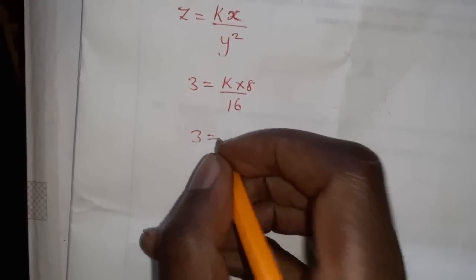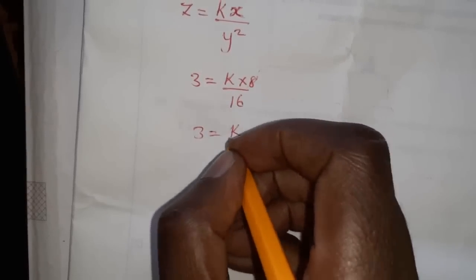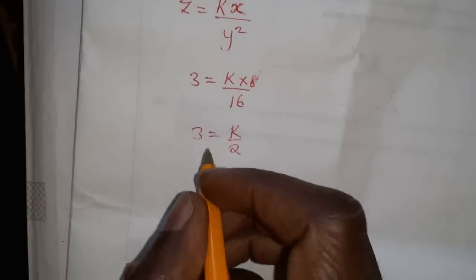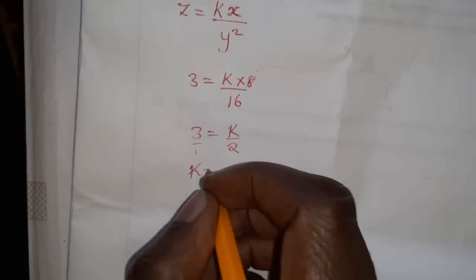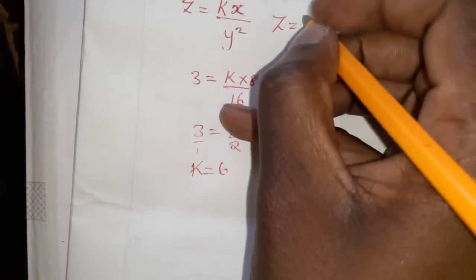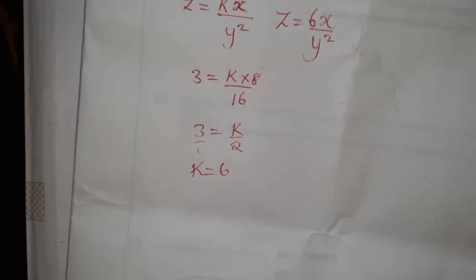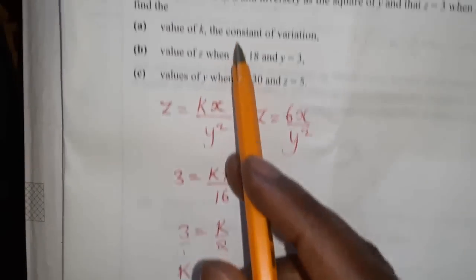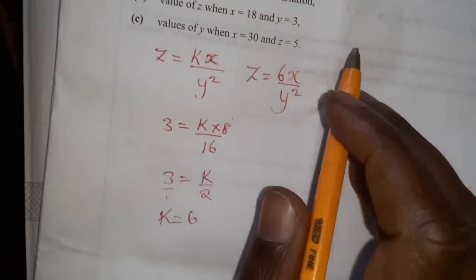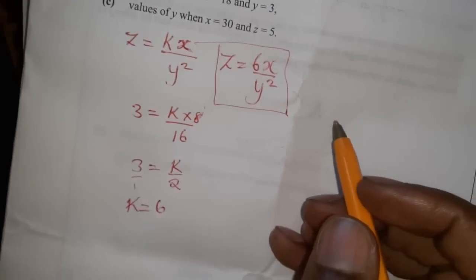So 3 is equal to k over 2, 8 here, and you cross multiply, k is equal to 6. So we have z is equal to 6x over y squared. We have found the value of k is 6, and now we'll be using this equation to answer the following 2 questions.